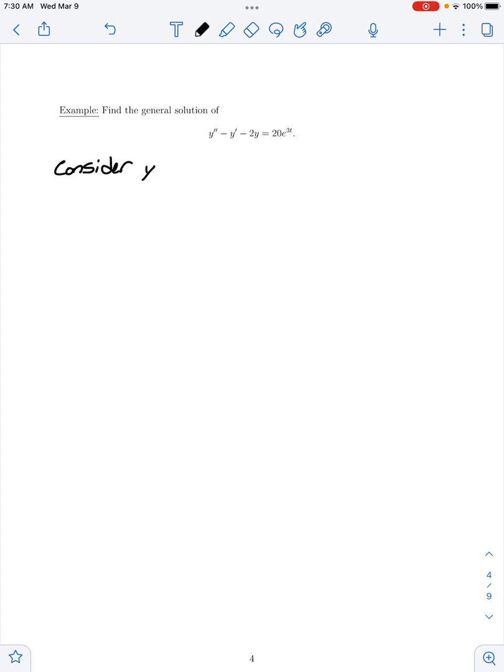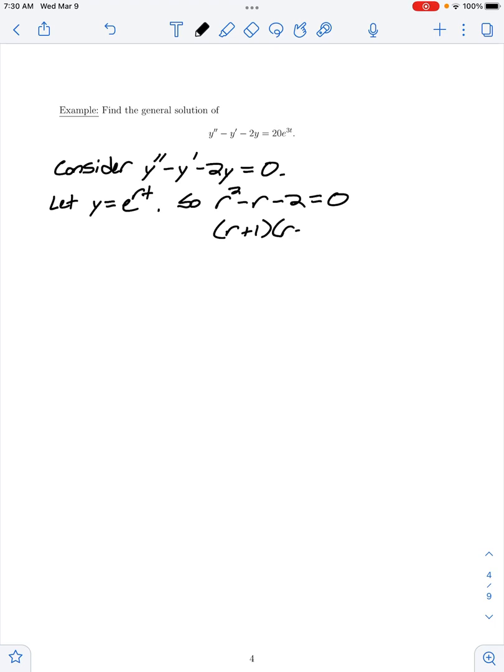We will consider the equation y double prime minus y prime minus 2y equals 0, which we can solve by looking for solutions of the form y equals e to the rt power, which means that r would have to be a root of the characteristic equation, r squared minus r minus 2 equals 0, which can be factored as r plus 1 times r minus 2 is equal to 0.